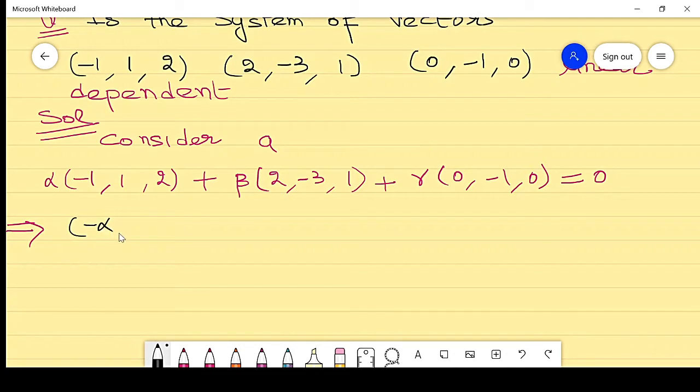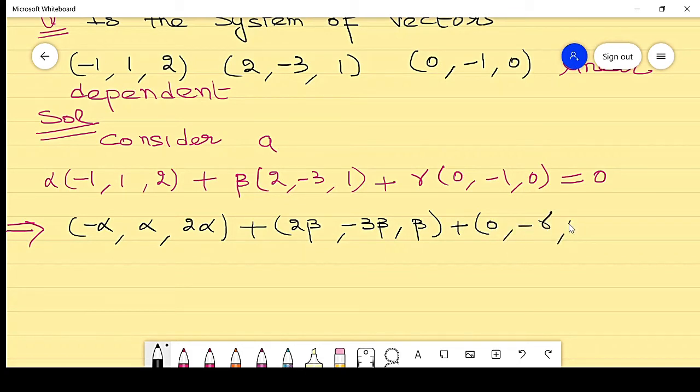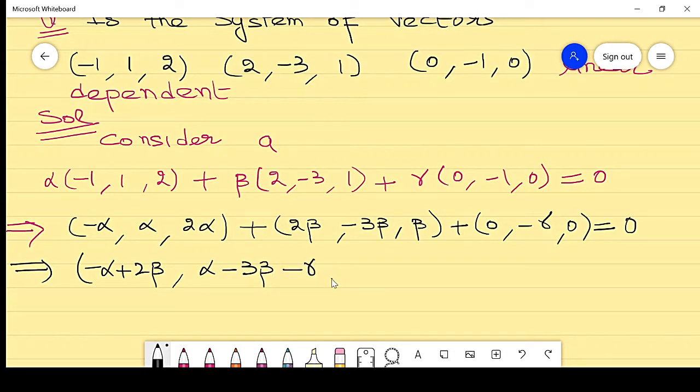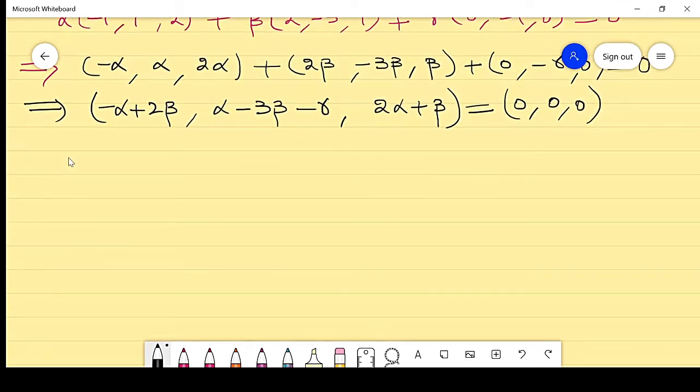So we get minus alpha plus 2 beta plus 0, alpha minus 3 beta minus gamma, 2 alpha plus beta, which is equal to the zero vector 0, 0 and 0. So this is our equation.